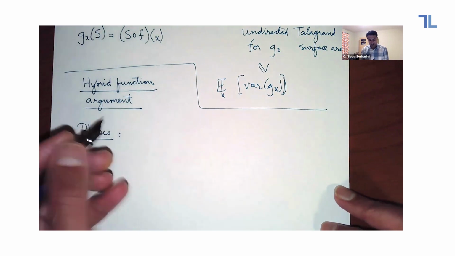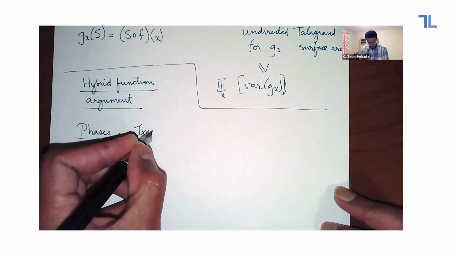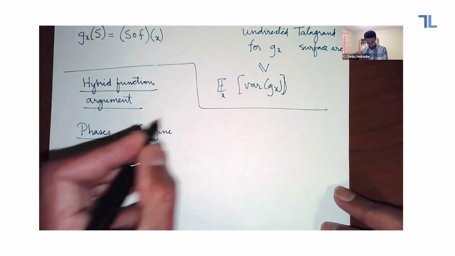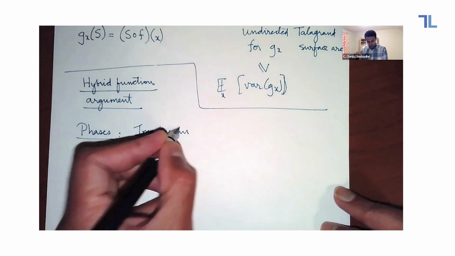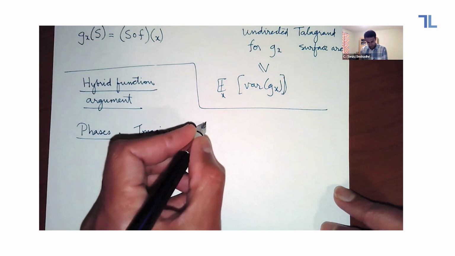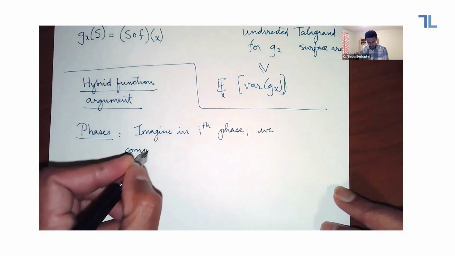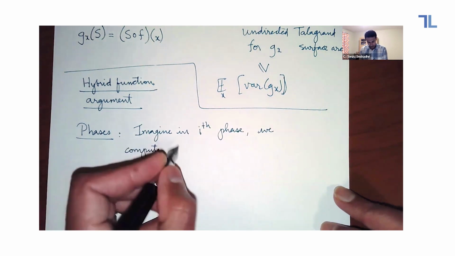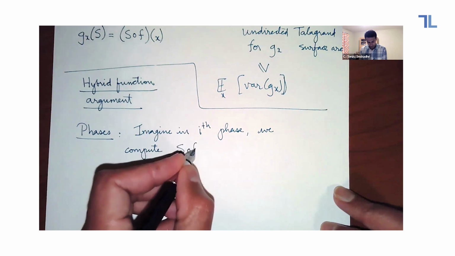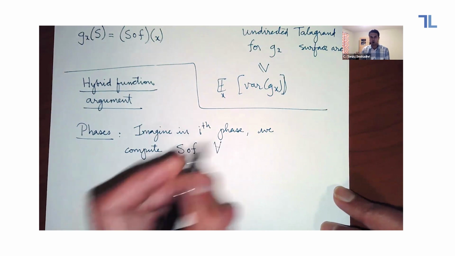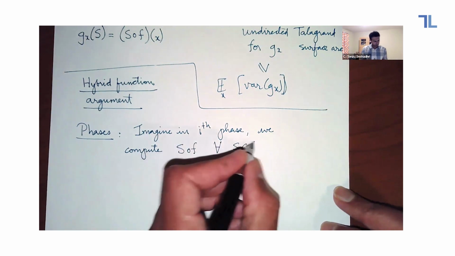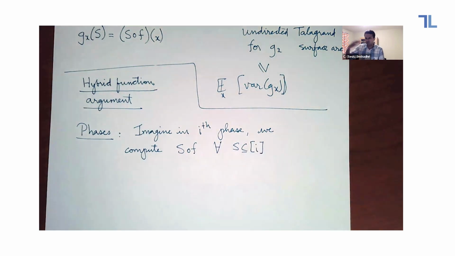Imagine in the ith phase, we compute S circ F for all subsets of the first I coordinates. So imagine that you've just done this computation.